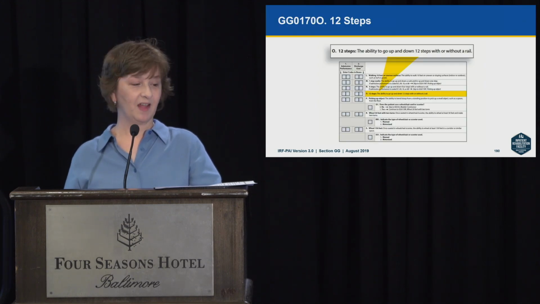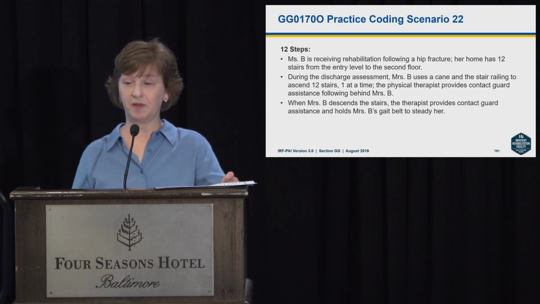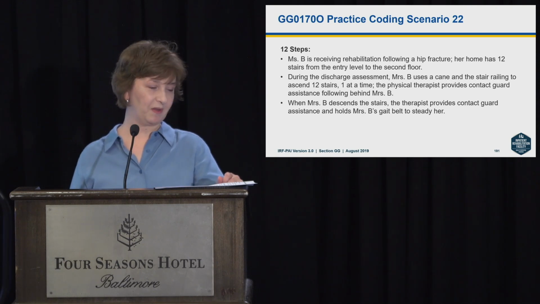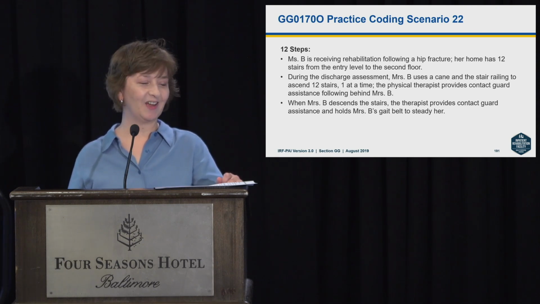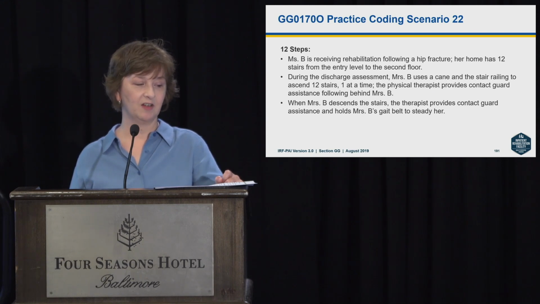For 12 steps, obviously going up and down 12 steps is the activity. The scenario here is Miss B. She's receiving rehabilitation following a hip fracture, and her home has 12 steps from the entry level to the second floor. During the discharge assessment, Mrs. B uses a cane and a stair railing to ascend 12 steps. She goes one at a time.